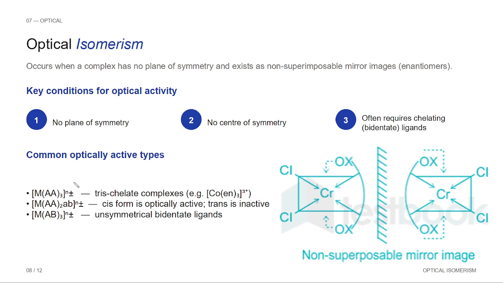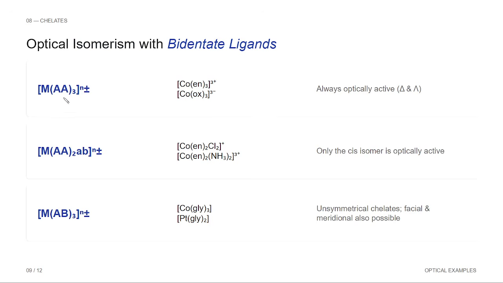In octahedral complexes, some compounds show optical isomerism. The types are MAA3 type, MAA2 AB type and MAB3 type. So these are the types which show optical isomerism. Now see here the bidentate ligands.